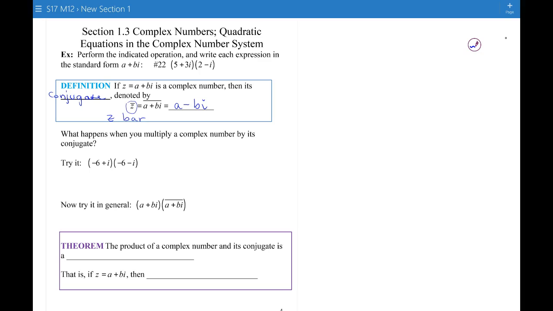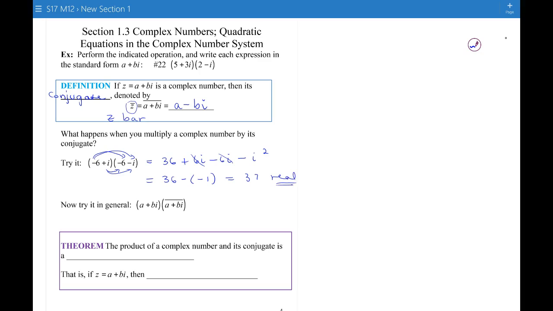So what happens when you multiply a complex number by its conjugate? Let's see, we'll get negative 6 times negative 6 is positive 36. Negative 6 times negative i is plus 6i. i times negative 6 is minus 6i. And then I have minus i squared. So these guys will cancel, and I have 36 minus negative 1, which is real.